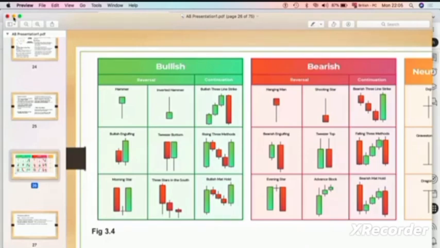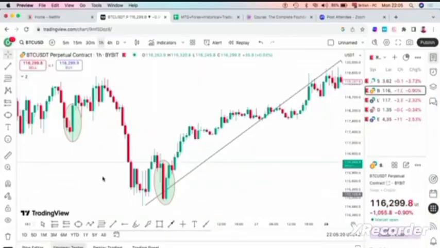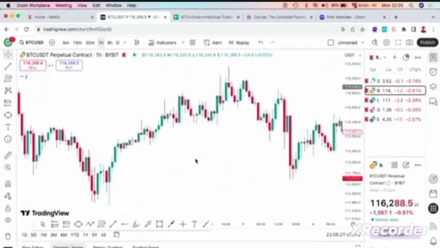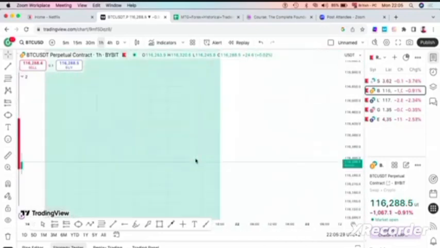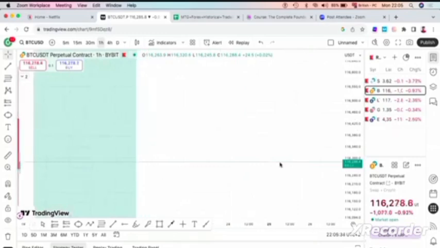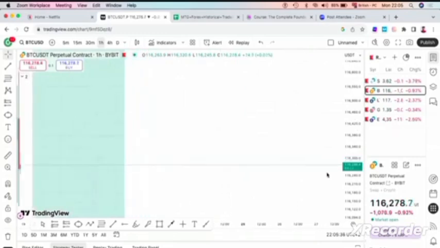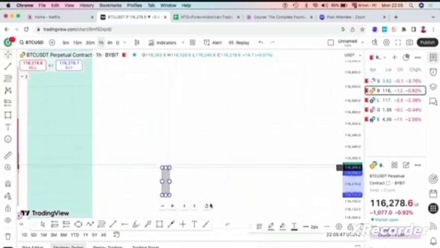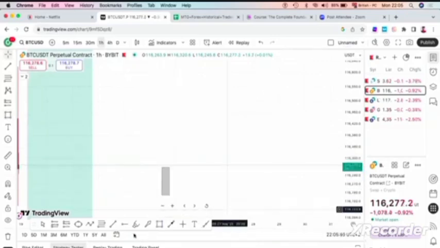So let me give you an example of what I'm telling you. In the case where you can take trades with most of these patterns, when you have a bullish engulfing, you have an option. So let's draw our structure.